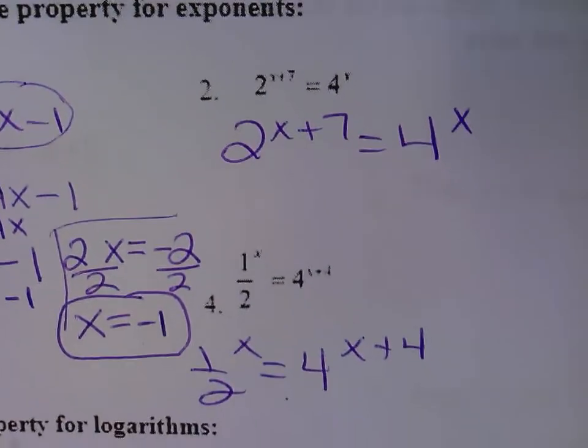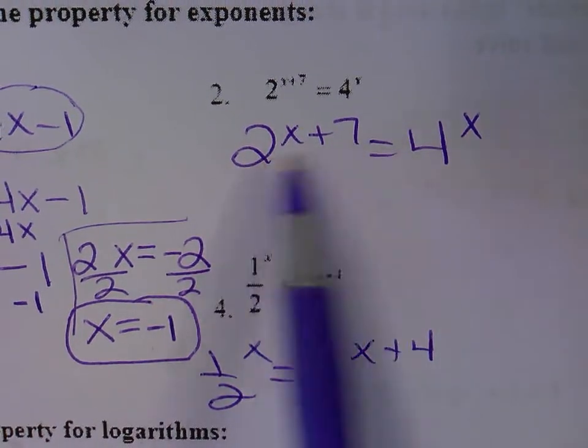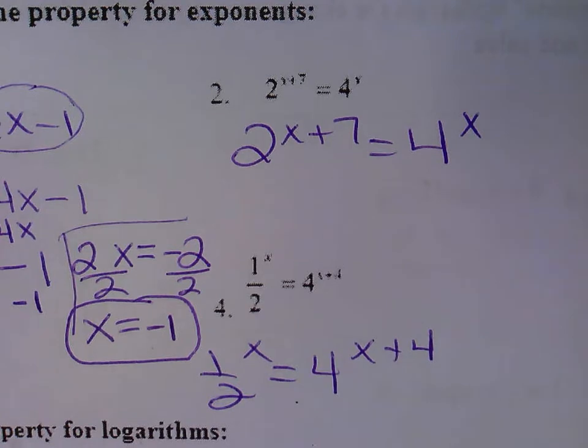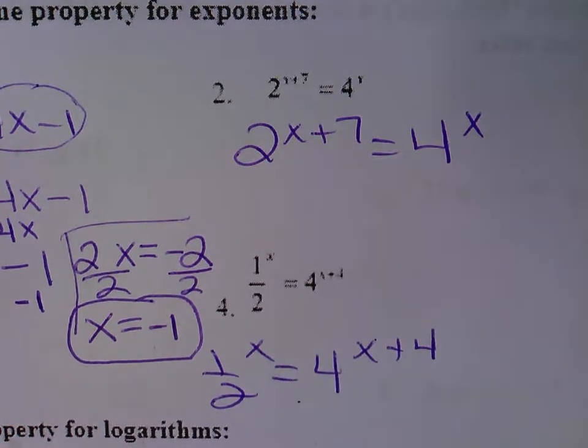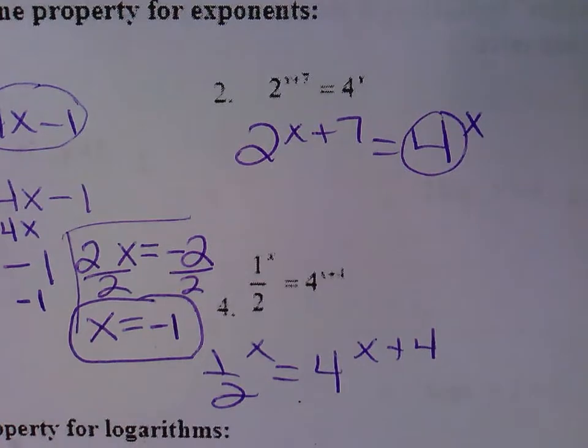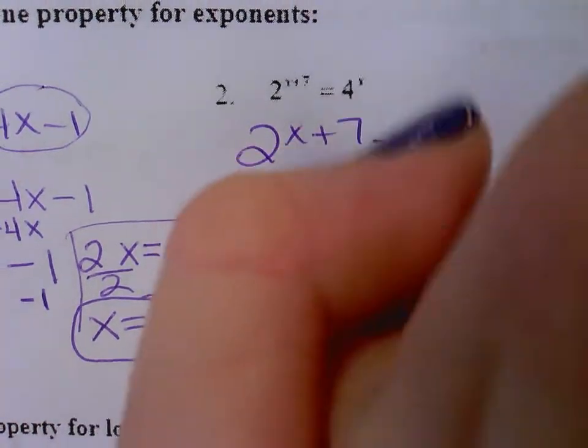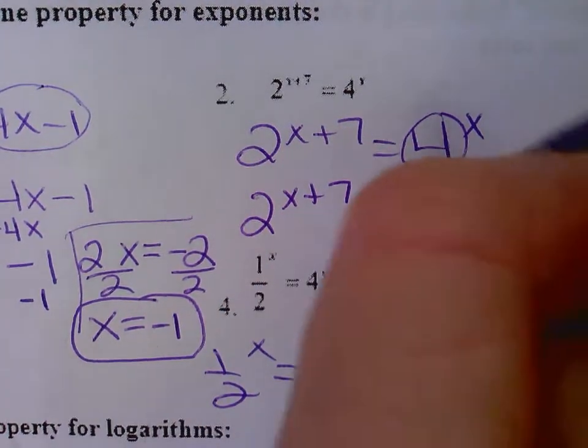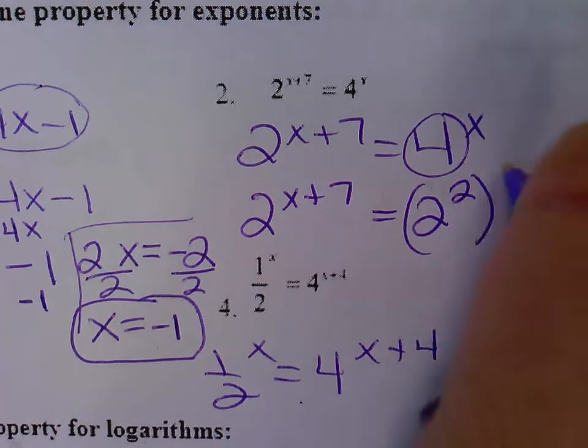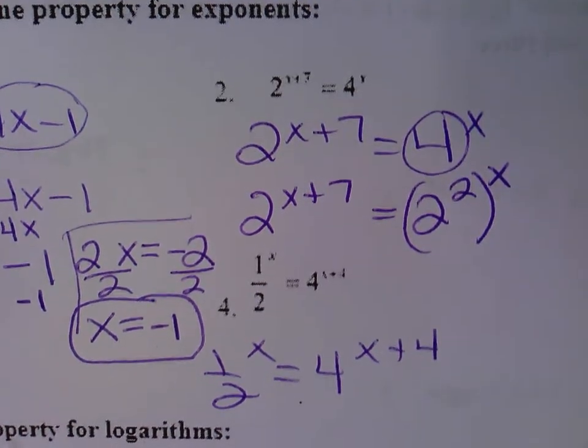So number two, I do not have the same base on both sides. How can I make the same base? They both come from the power family of 2. So I'm going to rewrite this guy as 2 squared. So I have 2 to the x plus 7 equals 2 squared to the 8x, which is going to become 2 to the 2x, right?